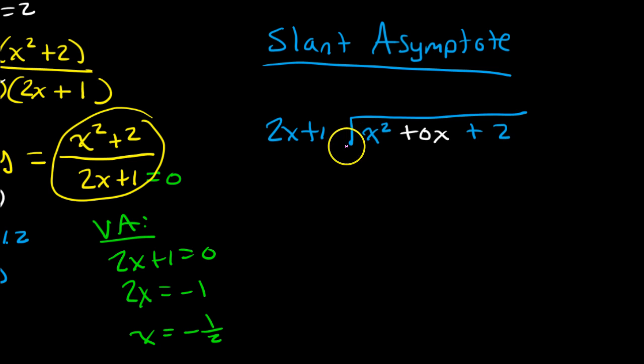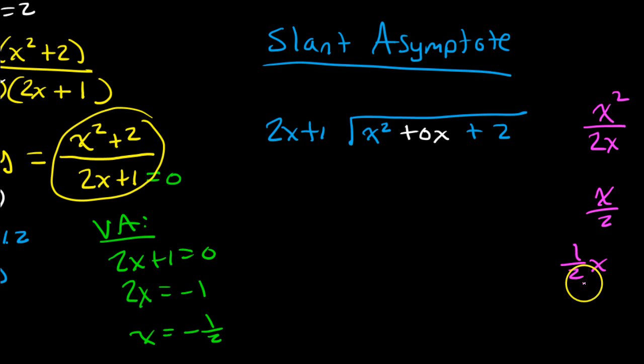Okay, so when you do long division like this, the first thing you do is divide. You do x squared divided by 2x. All right, this is pretty tough. This x is going to cancel out one of these x's, so that's going to leave x over 2, which is the same thing as 1/2 x.